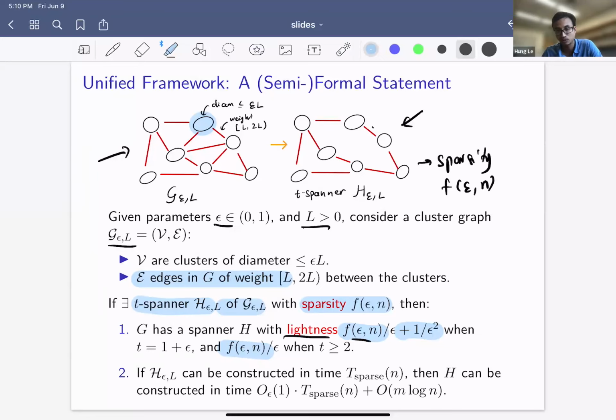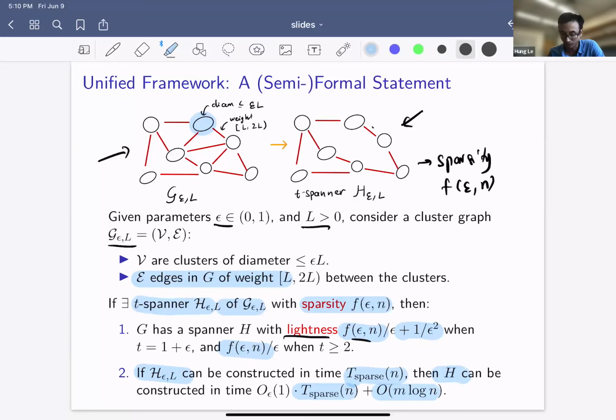So this is for the second question that we've seen before. And furthermore, if this spanner for the cluster graph can be constructed quickly, then the spanner for the general graph can also be constructed quickly, up to some almost linear term due to preprocessing time.